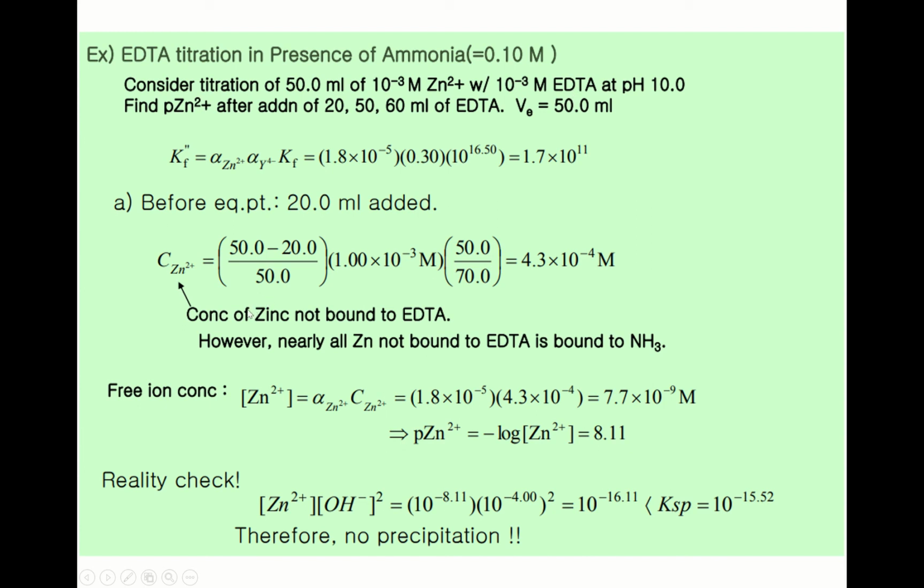The free zinc ion concentration is 4.3 times 10 to minus 4 molar.